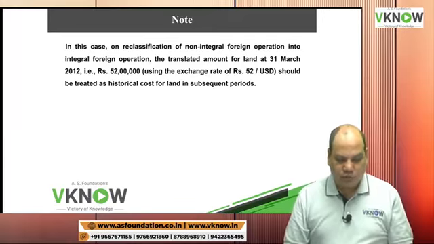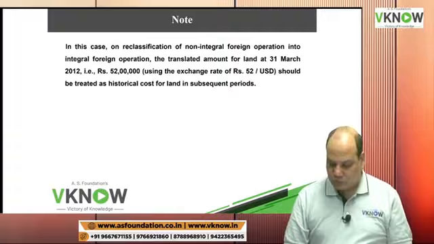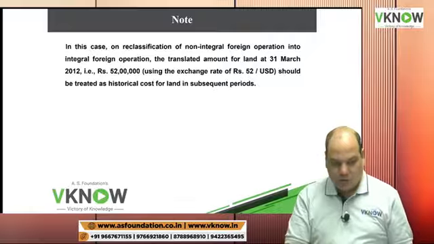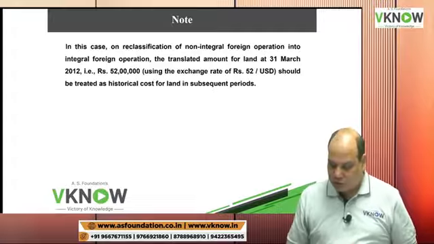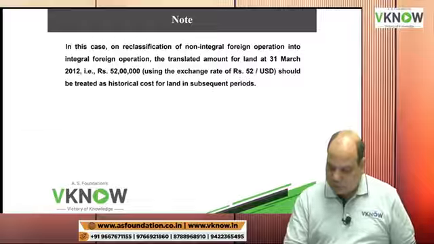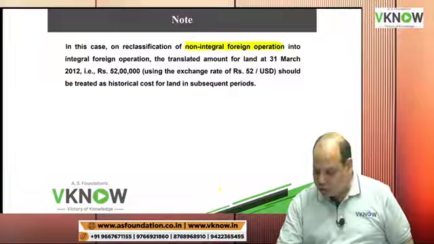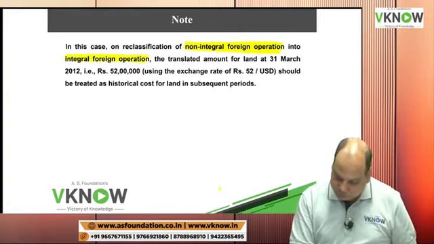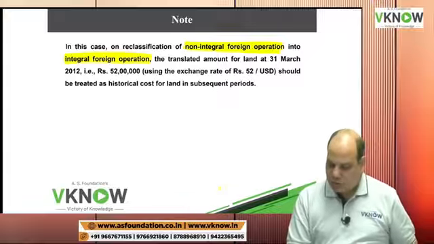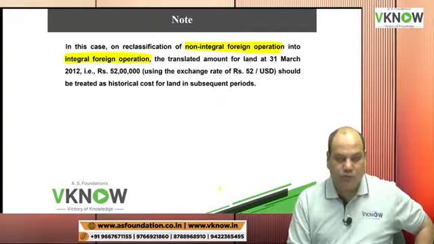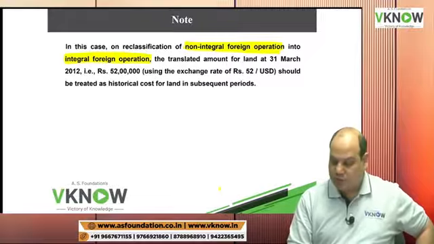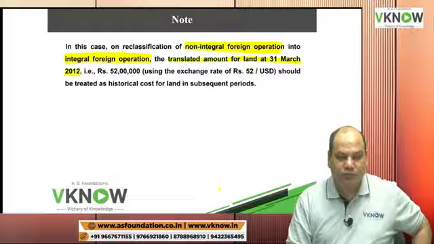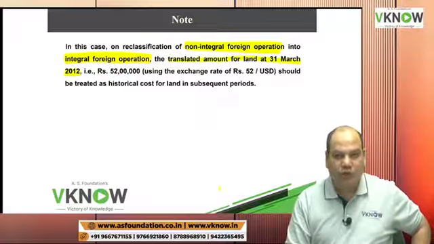For your understanding, write a note, so later on there is no confusion. Write down: in this case, on reclassification of non-integral foreign operation into integral foreign operation, the translated amount of land on 31st March 12.